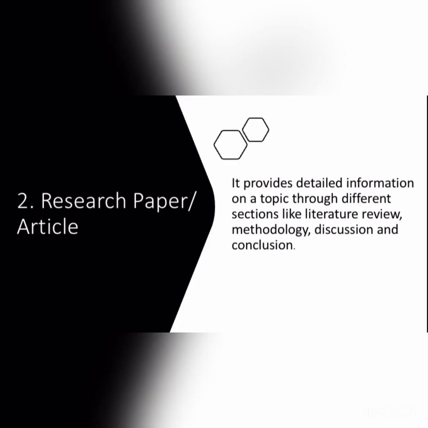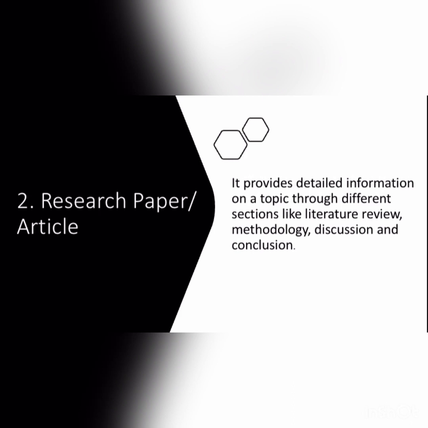Second one is research paper or article. It provides detailed information on a topic through different sections like literature review, methodology, discussion, and conclusion. You may have heard about writing a research paper or writing an article for a journal.